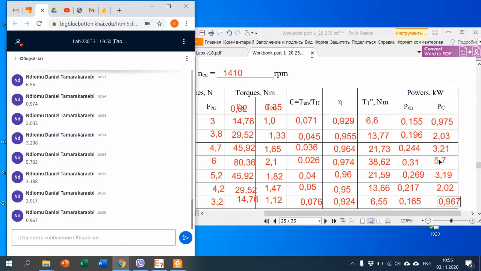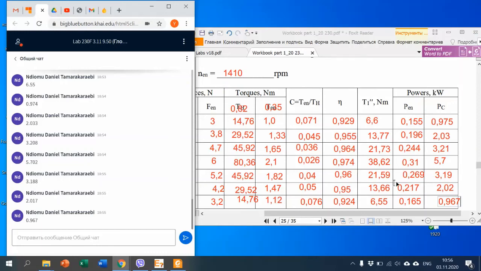In such case, we have 6 kilowatts, but here we need to apply only 0.3 kilowatts. It's a much cheaper situation, and it costs less, of course.